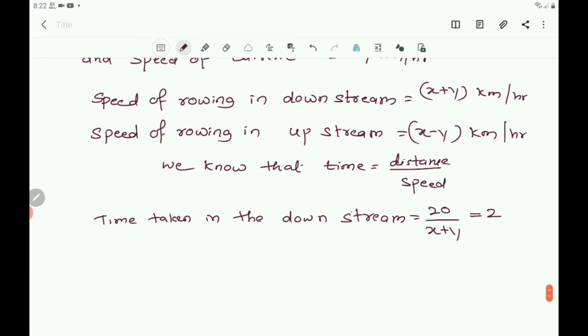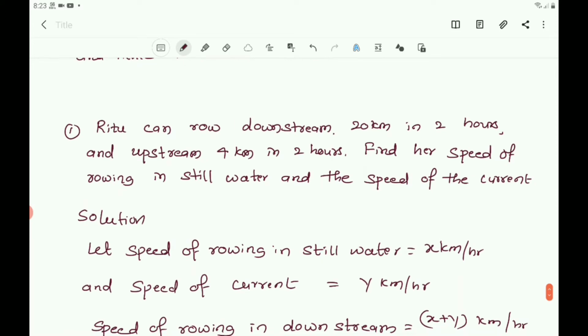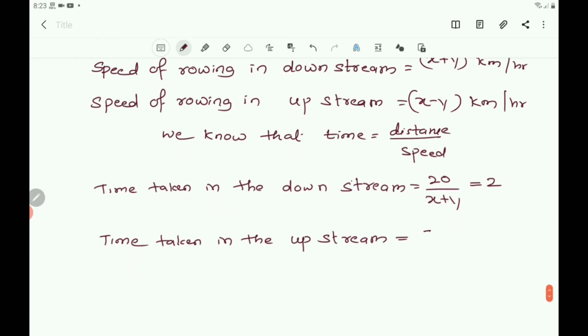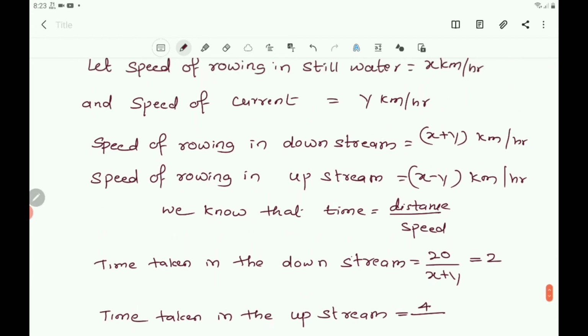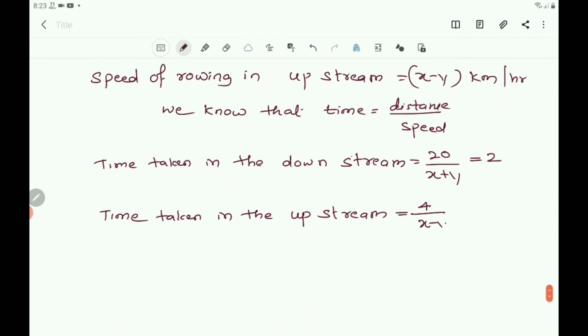And next, the time taken in the upstream: the distance traveled is 4 km and the time is 2 hours. So that is 4 by the speed in the upstream, x minus y, equals 2.